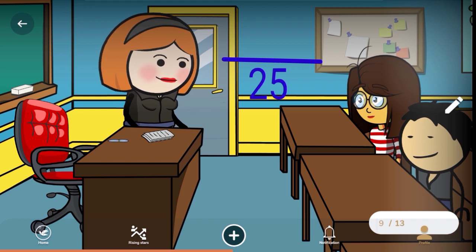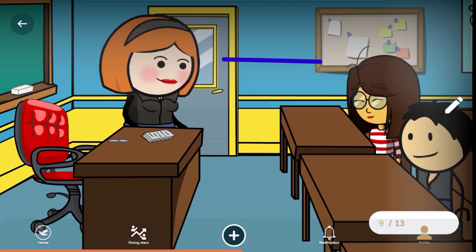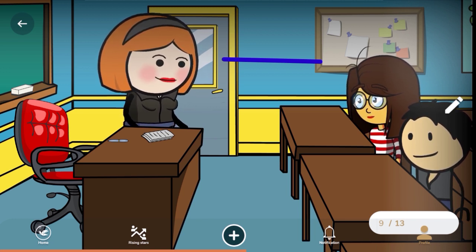We use an equivalent fraction to make the denominator 100, so that we can find the marks out of 100, that is percentage.